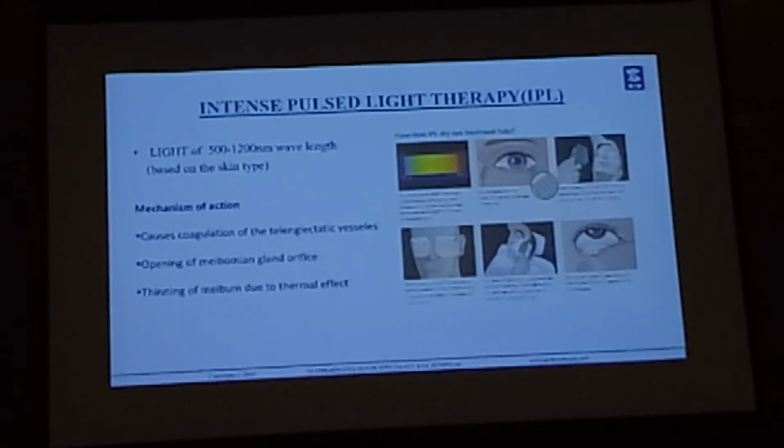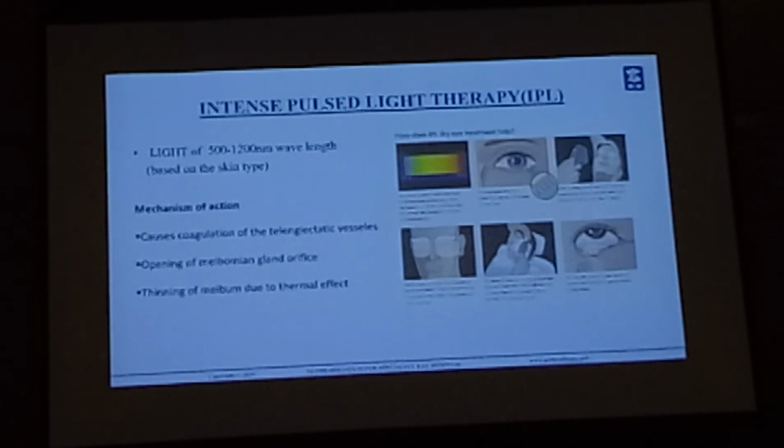Then the other treatment is intense pulsed light therapy, or what we call IPL. Light of 500 to 1200 nanometer wavelength is used based on the skin type. So you should be careful. With darker skin types, you can get some skin burns.